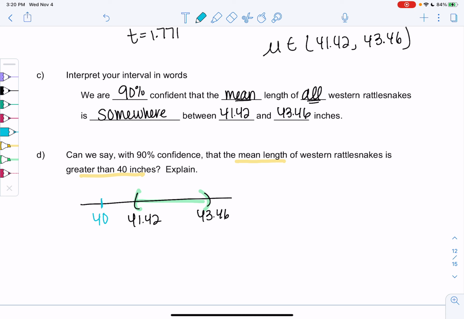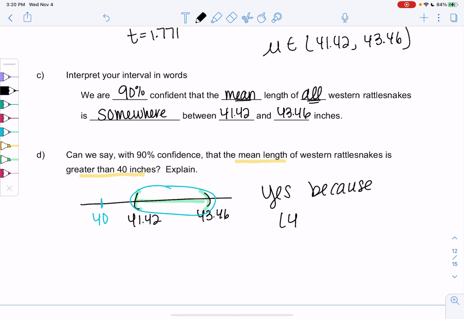Yeah. So I'm definitely confident that the average is longer than 40 because the average is somewhere between 41.42 and 43.46. So yes, because the entire interval is bigger than 40. In math notation, it will just be parentheses 41.42, comma 43.46. That whole thing is greater than 40.